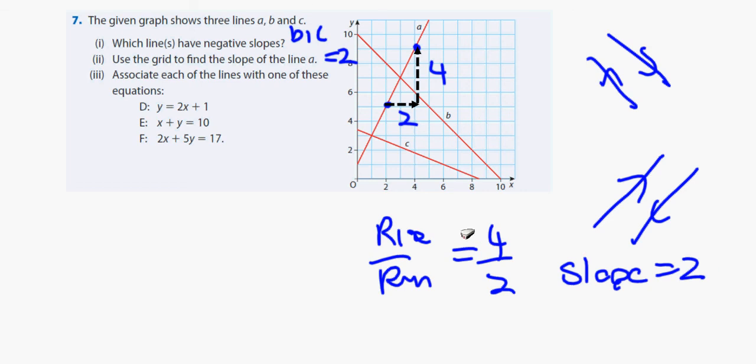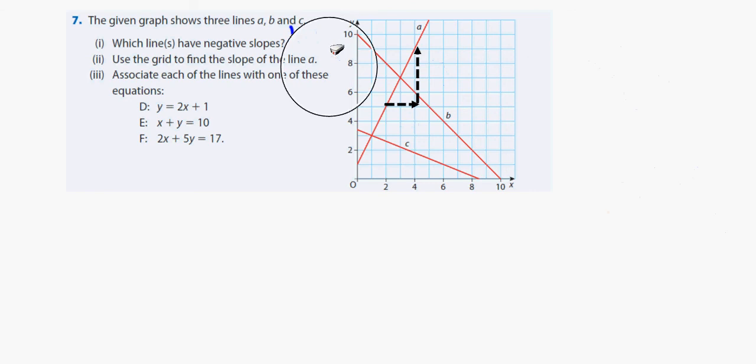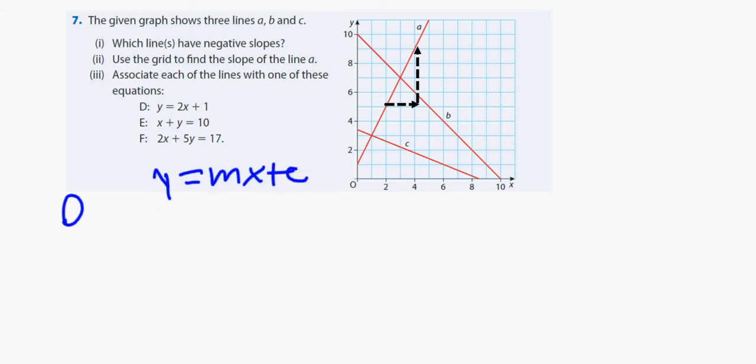Next part. Associate each line with one of these equations. For each equation we're going to put it in the form y equals mx plus c. So line D is y equals 2x plus 1.